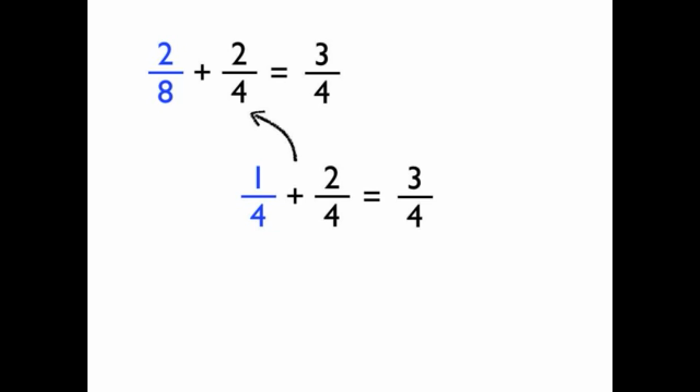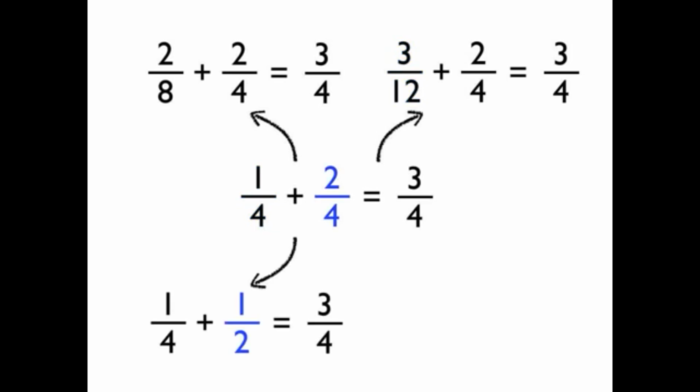They're equivalent fractions. Okay, in this top right example, I've just used a different equivalent fraction for 1 quarter. So if 1 quarter add 2 quarters is 3 quarters, I can also say 3/12 add 2 quarters is 3 quarters. Because 1 quarter and 3/12 are exactly the same size, they are equivalent fractions.